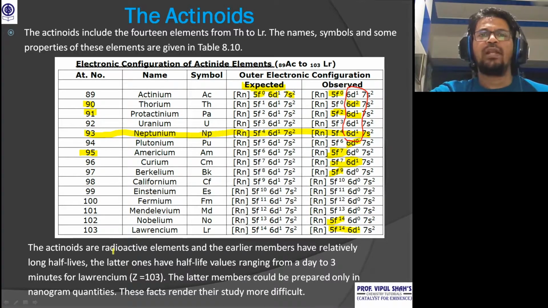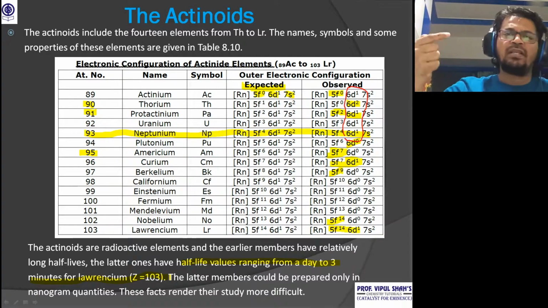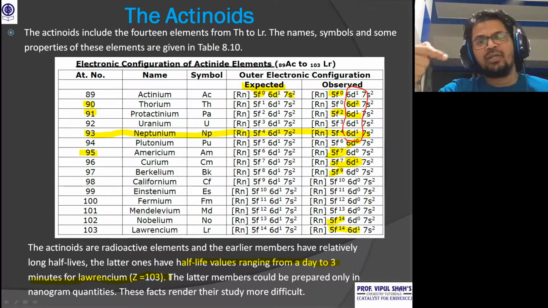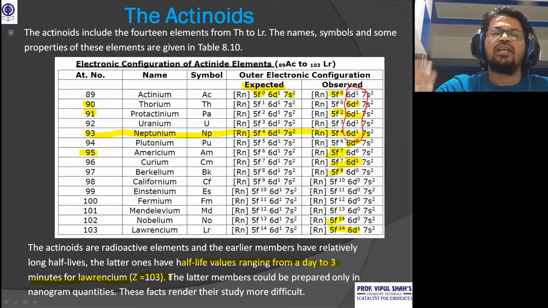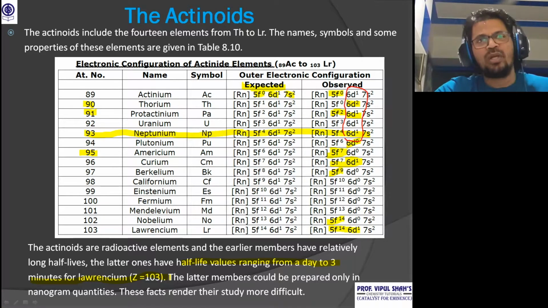Half-life of a radioactive substance is its characteristic property; the shorter the half-life, the more harmful the element, because it will give out disintegrations in the form of alpha, beta particles and gamma rays. The half-lives range from a day to 3 minutes. Like lawrencium, the half-life is only 3 minutes, meaning if I have 1 gram of lawrencium to disintegrate to 0.5 grams, the time taken will be only 3 minutes. So it gives out more disintegrations, so it's more harmful.